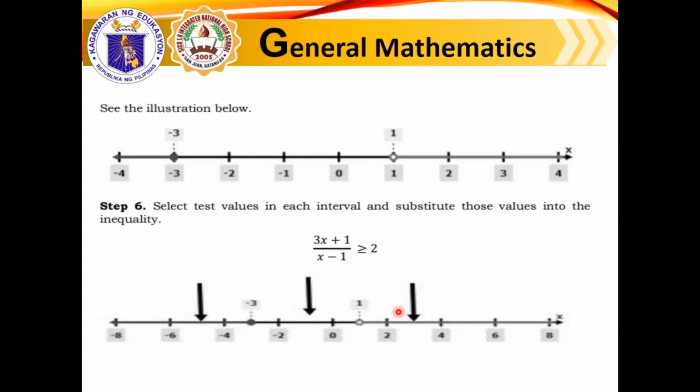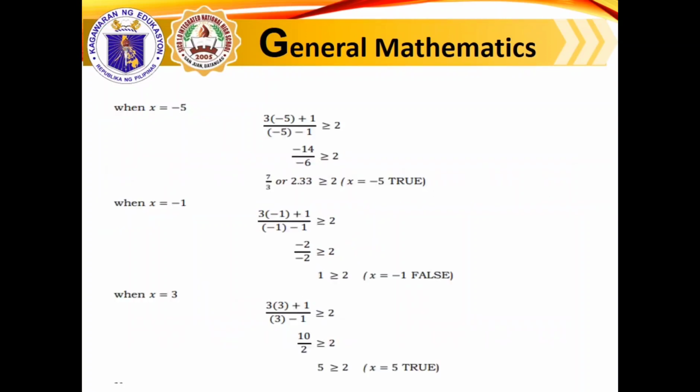So we select test values for the rational inequality: x equals -5, x equals -1, and x equals 3. We should determine if each is a solution or not.